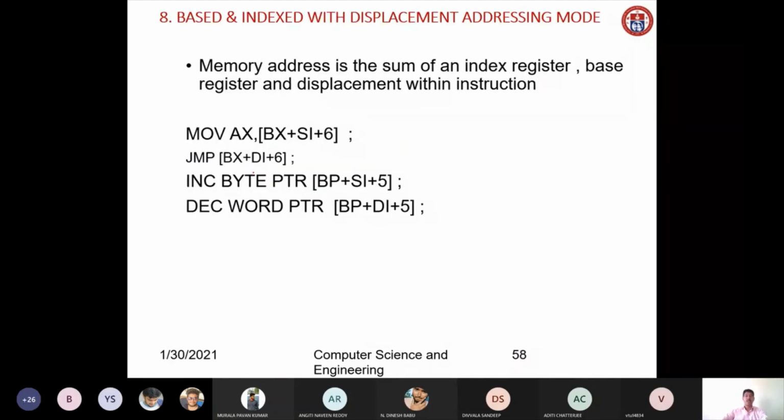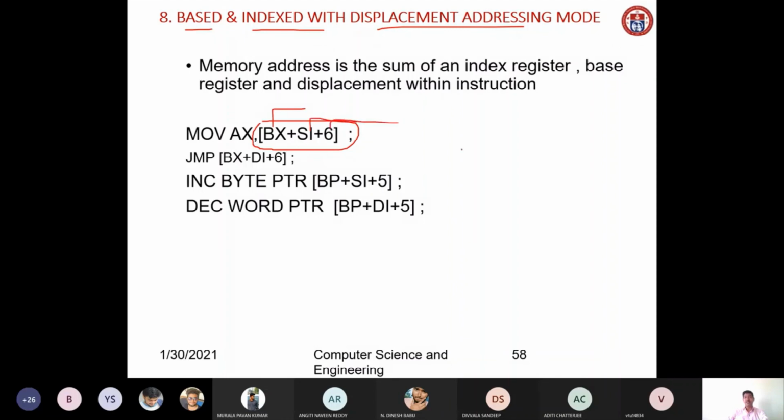And the next one, this is the eighth one, based indexed with displacement addressing mode. As the name itself says, you can easily identify that this is a combination of all three: based, indexed, displacement. When you see here, your memory location is base, this is indexed, and displacement.